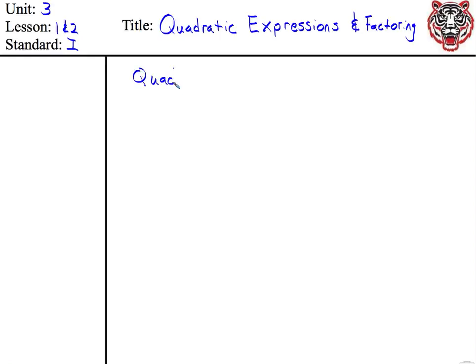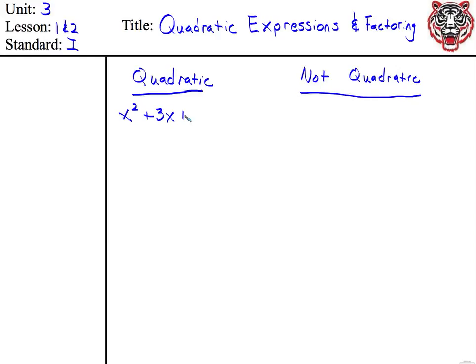Quadratic. And not quadratic. All right, so a quadratic, let me give you some examples here. This would be x squared plus 3x plus 1.